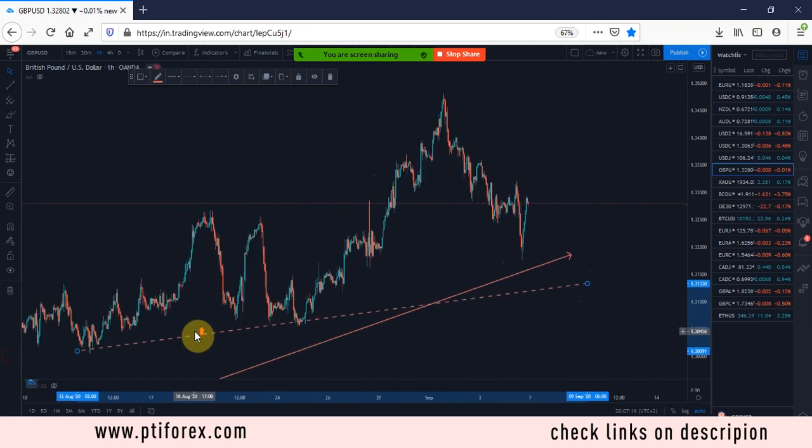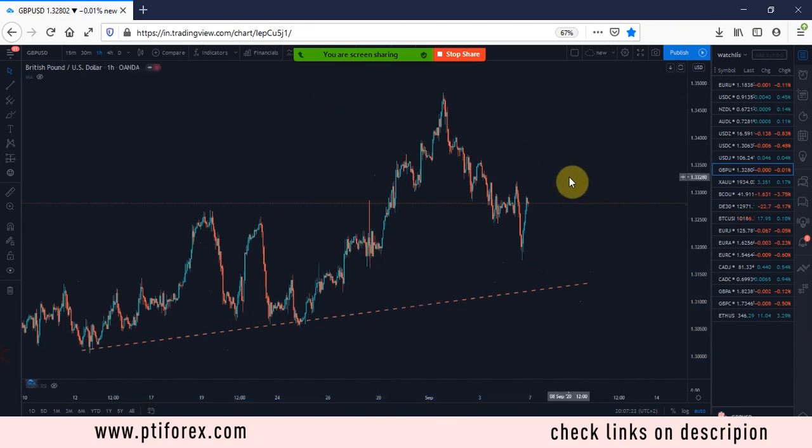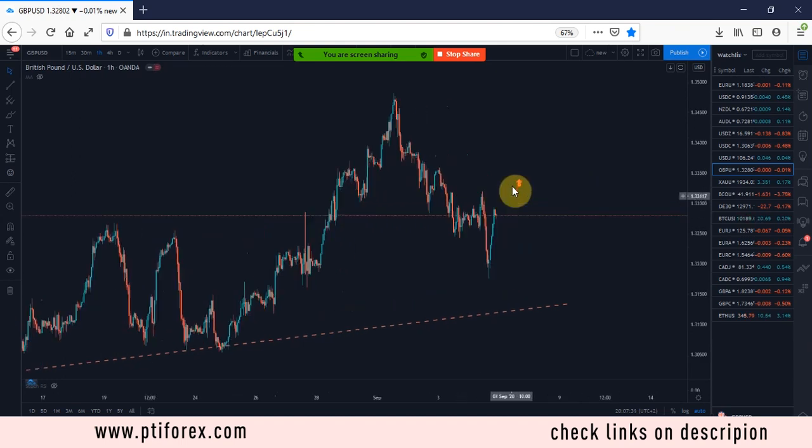Because price doesn't just respect lines, but price respects the decisions of the guys who are in the market, the decisions of the players. So for us to see the decisions of the players, it is advisable for us to look in detail at the action of the price or the structure of the price.